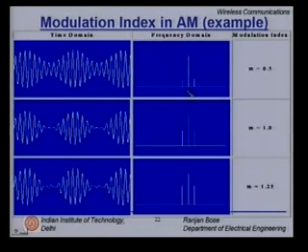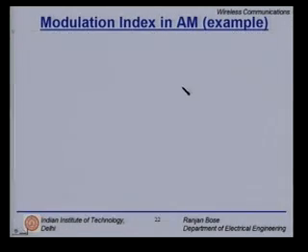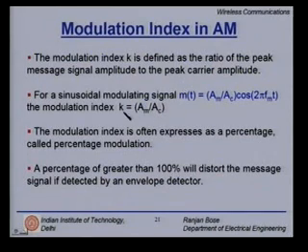In the frequency domain, you have a very strong carrier signal and relatively weak message signals. If you go back, you see that K is nothing but the ratio of Am, the message amplitude, to Ac, the carrier amplitude.